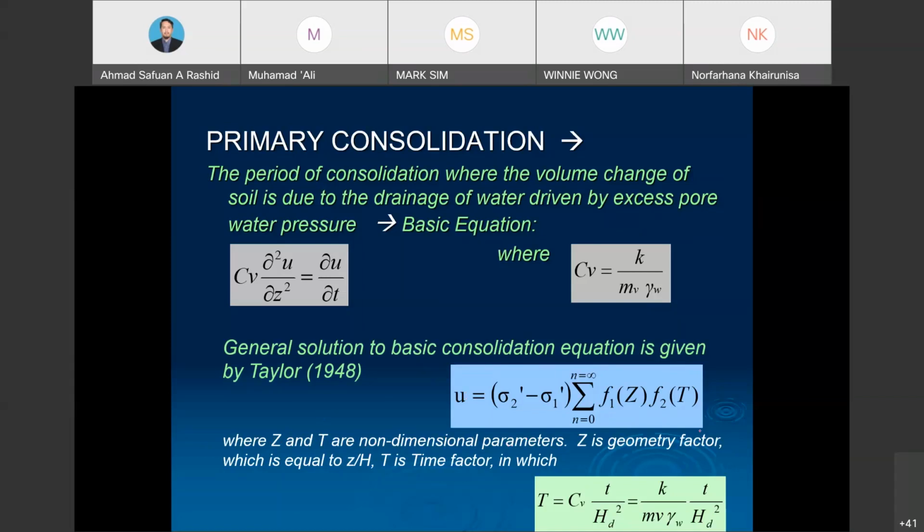Z is a geometry factor equal to z over H, where T is the time factor, in which Tv is equal to Cv t over Hd squared, or k over mv gamma w times t over Hd squared. This is the time factor used to estimate how long the consolidation process takes to complete.